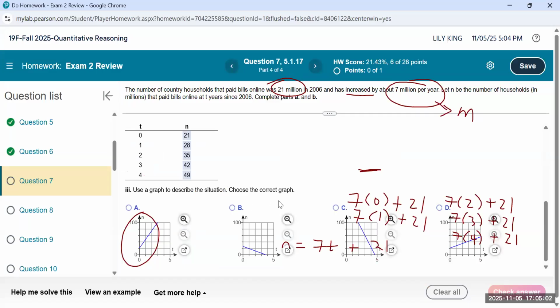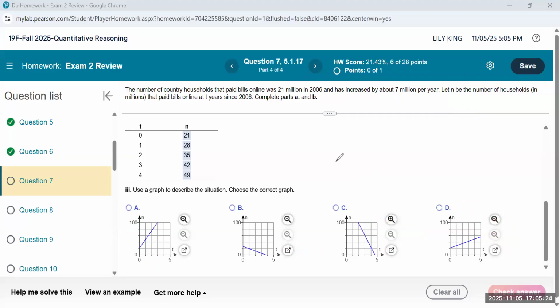I'm plotting a graph of n against t. So since our slope is increasing, the graphs that are decreasing are out. So we're going to eliminate graphs B and C. So this is either A or D. So let's see which one makes sense per the numbers we have on the table.